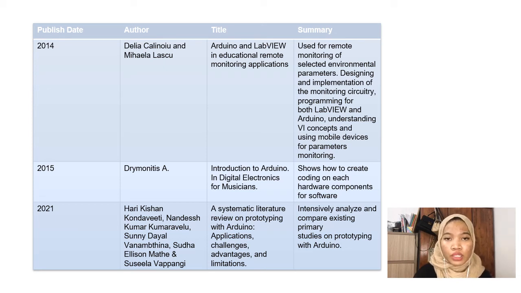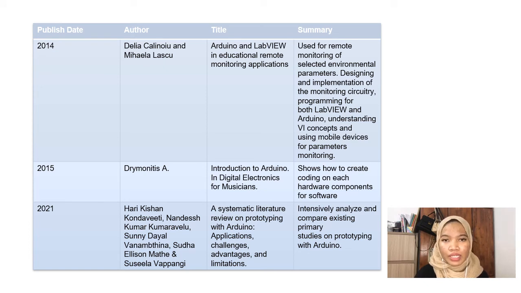Secondly is Introduction to Arduino in Digital Electronics for Musicians by Drymonitis A. This book shows how to create code for each hardware component for software. This book is very useful to newbies or students who are not familiar with Arduino, and a good guide for them to learn. And lastly is a systematic literature review on prototyping with Arduino: applications, challenges, advantages and limitations by a group of authors.